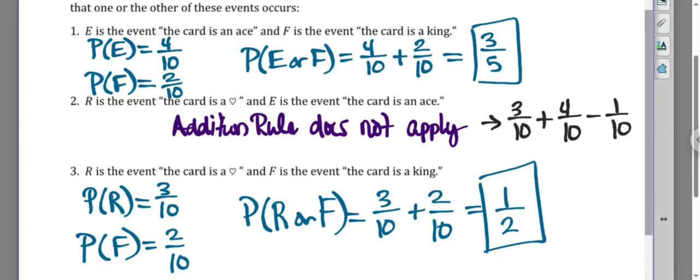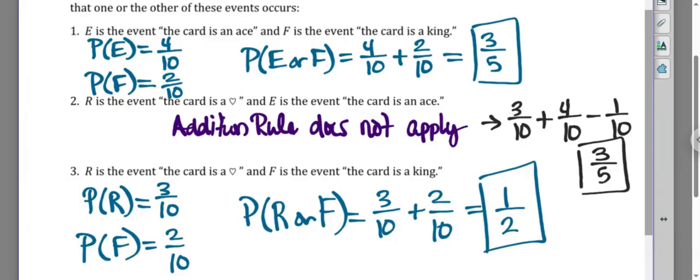That's what that does. Because the ace of hearts has already been counted twice in those probabilities. 7, 6. So that'll be 6 out of 10. That's how we can do these if they're not mutually exclusive.